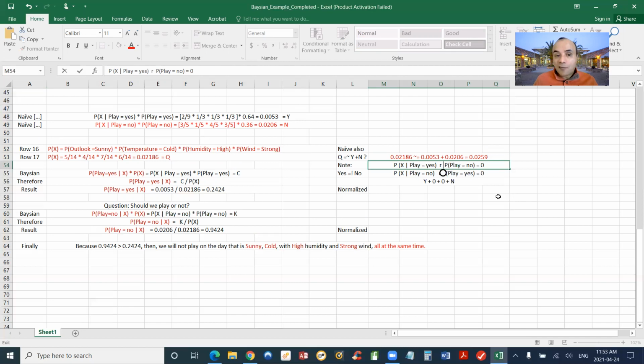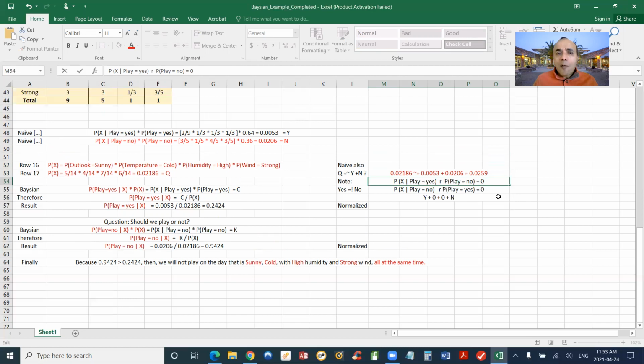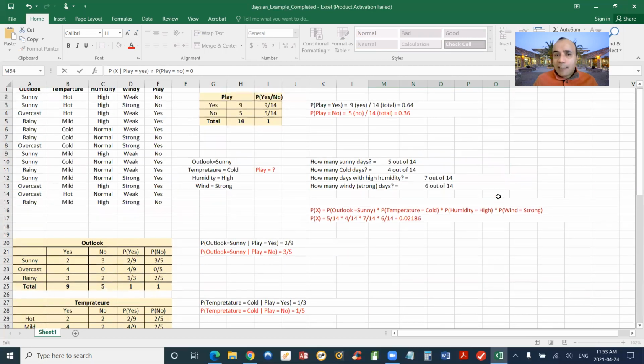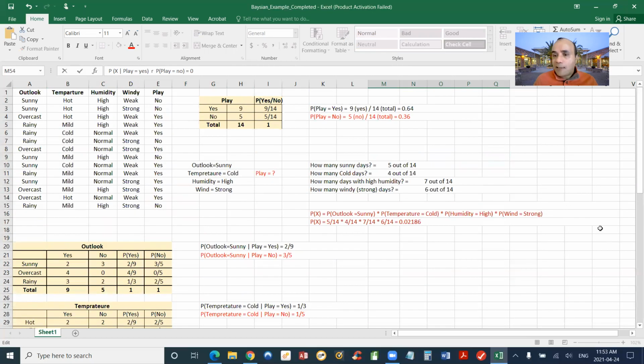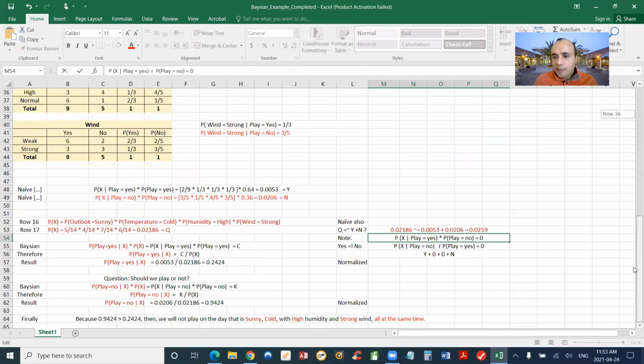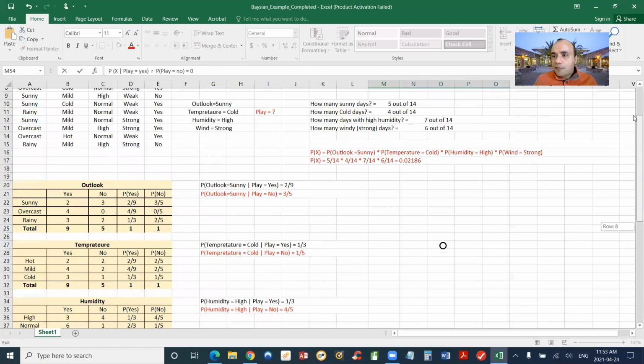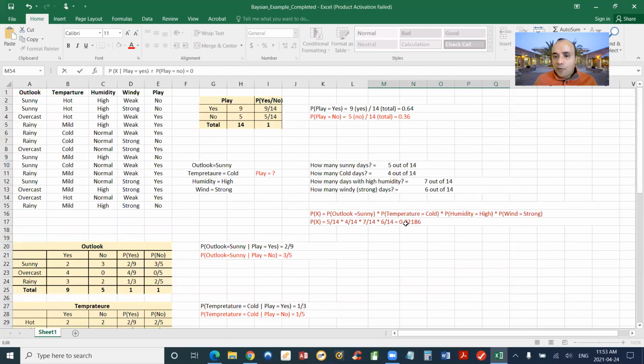The difference is very small, and it shouldn't be interfering with our process. So the naive Bayesian technique is meant to simplify things for us. I wanted to compare 0.0259 versus 0.02186, for example. They are close, but they are not the same.